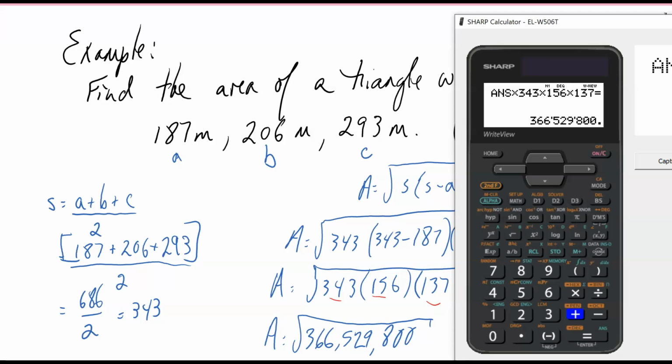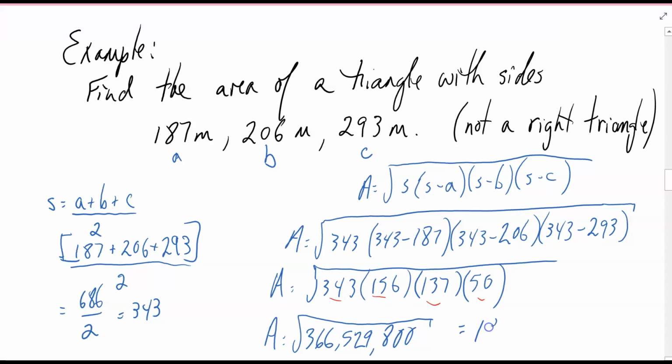So on the calculator, I hit the square root button and hit equals. 19,145, and that was in meters, area which is squared. We do get meters squared because this would be meters times meters times meters times meters, which would be meters to the 4, and when you square root meters to the 4, you get meters squared. So that's an example of Hero's formula.